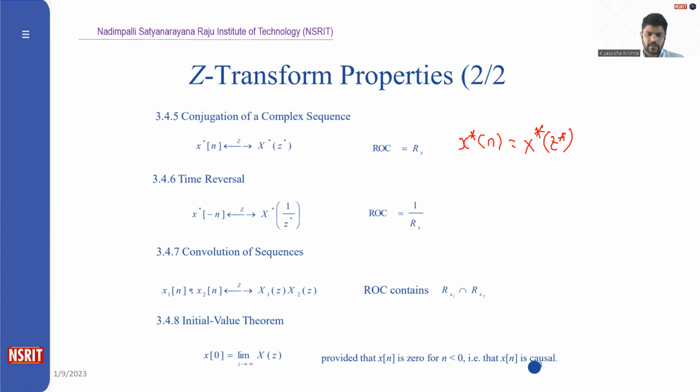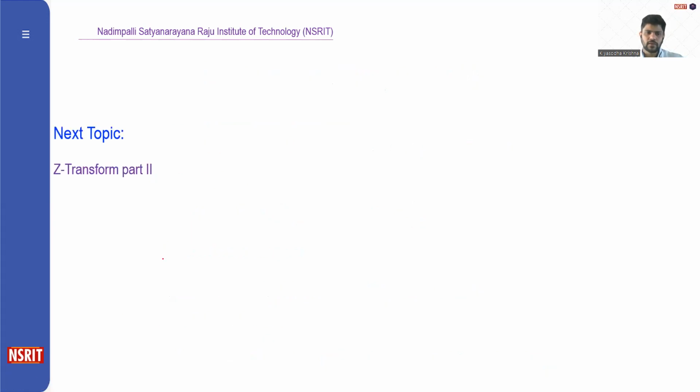If I take the time domain, then it is multiplication in the frequency domain, and vice versa. And a more important point is the initial value theorem, where x of 0 equals the limit as z tends to infinity of X of z.